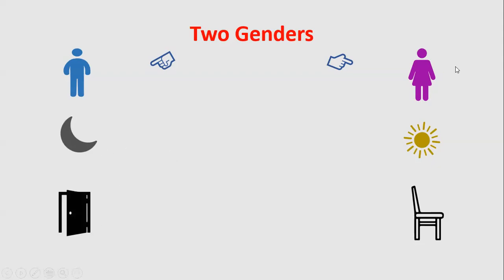So we have two genders, one feminine and one masculine. As I told you, any noun in Arabic should be either masculine or feminine. But the question is, what happens when we have two genders in the Arabic language?